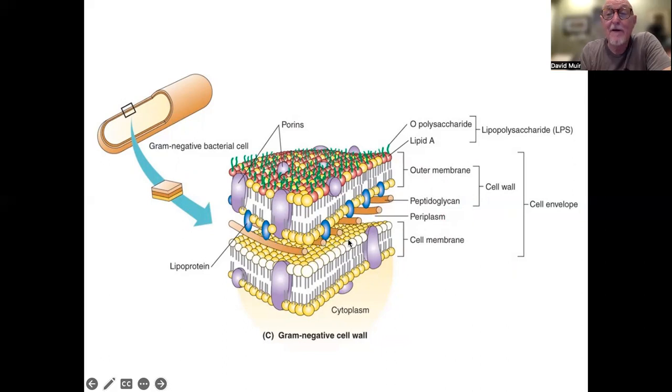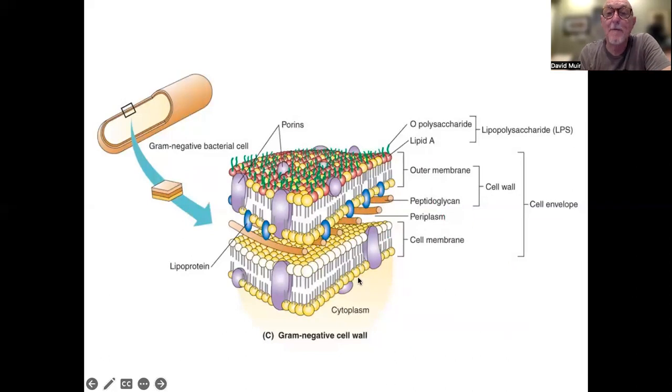Gram-negative bacteria are very good at surviving, for example, in poor nutrient conditions. And we often find, like in marine systems and in freshwater systems, there are very few free-living gram-positives. Most of the free-living bacteria are gram-negative for that very reason. They survive much better in low nutrient conditions.